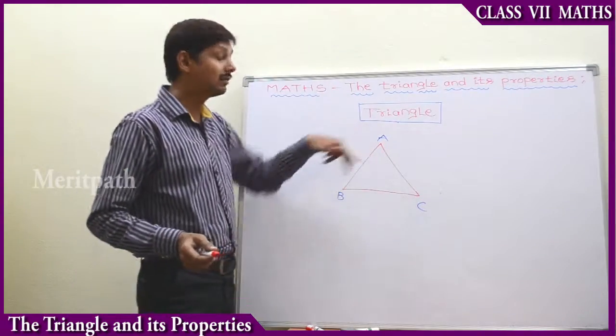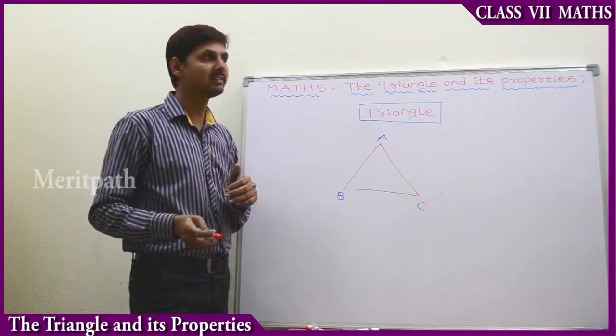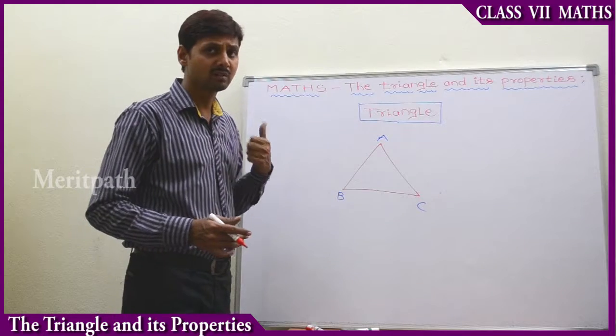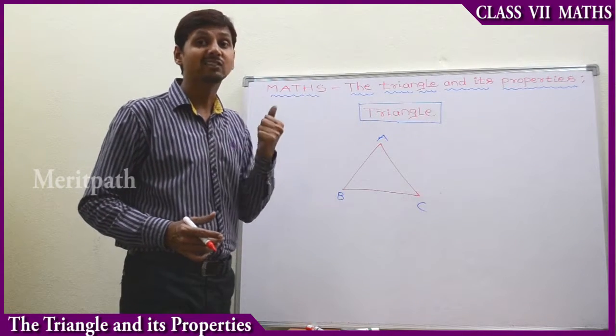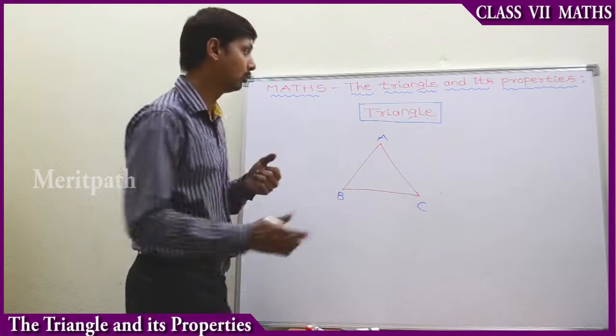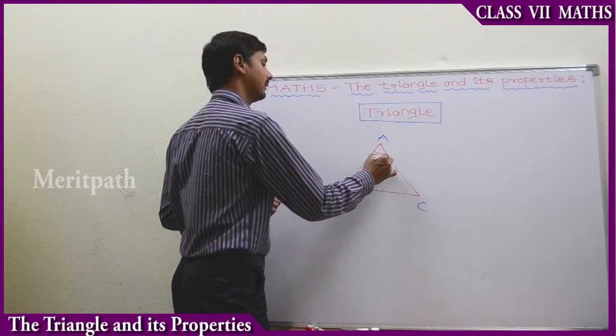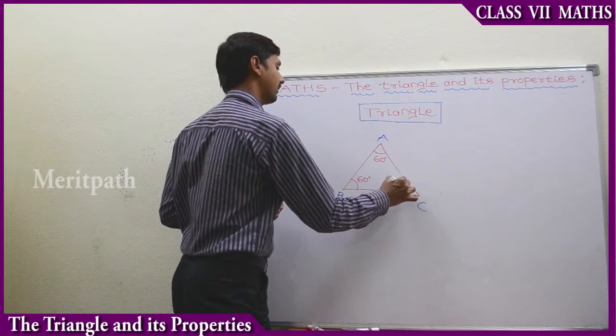So we have taken triangle ABC, and the sum of three angles of a triangle is 180 degrees, as we know. And as we discussed earlier, an equiangular triangle is nothing but each angle is equal to one another. That means all the three angles of the triangle are equal: 60 degrees, 60 degrees, 60 degrees.